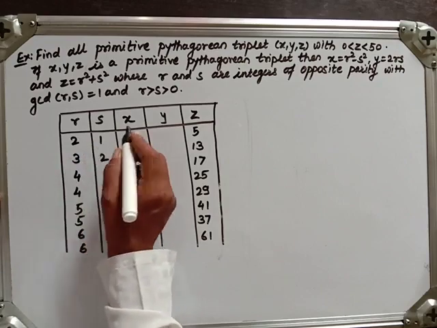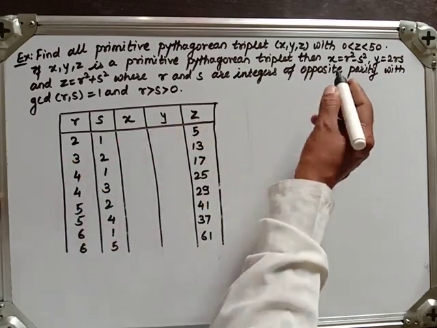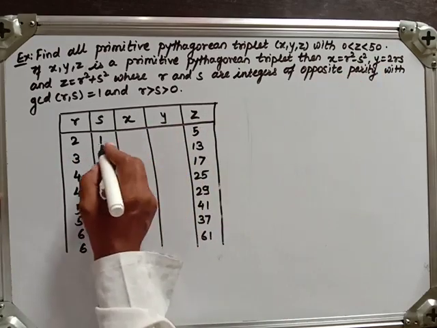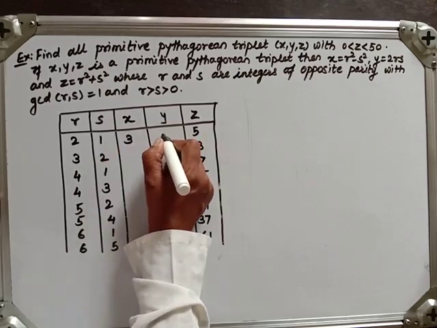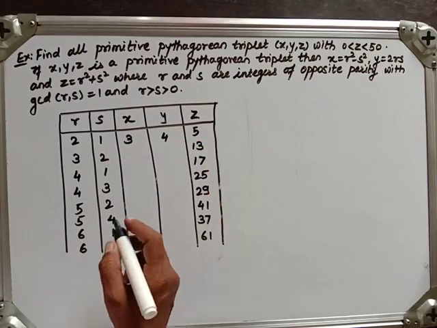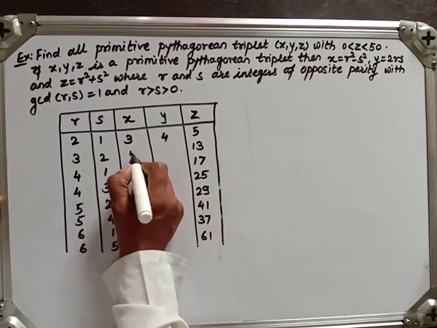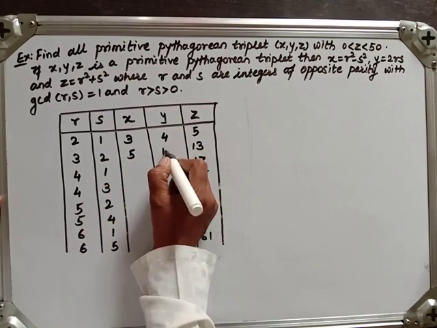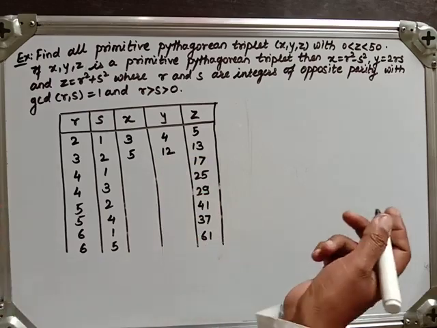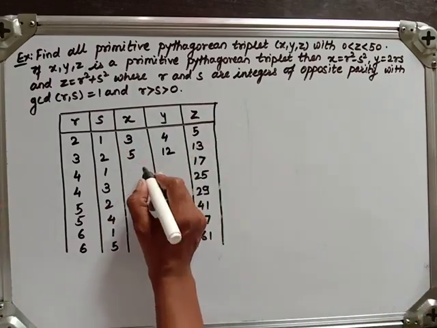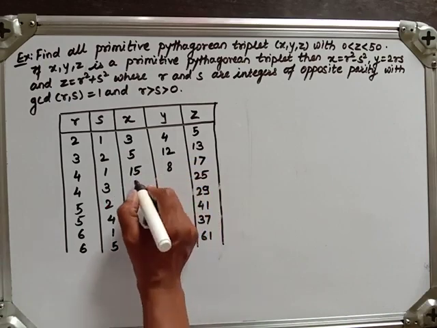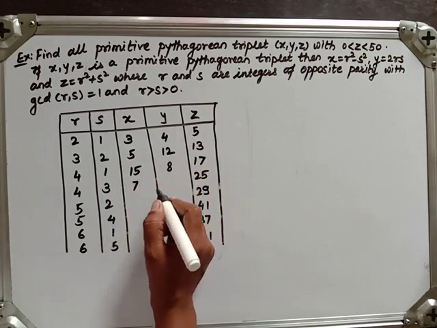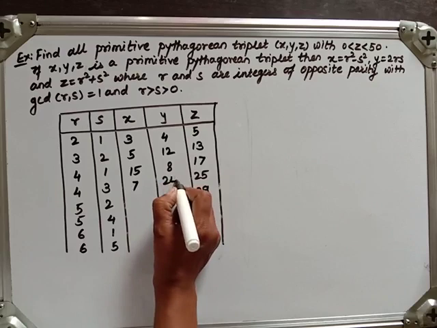Now what is x? Using this, x is r square minus s square. So r square minus s square, so this is 3. Y is 2rs, so it will be 4. Then again here x is 5, y will be 12. Again x will be 15, y will be 8. Again here it is 7 and this is 24.